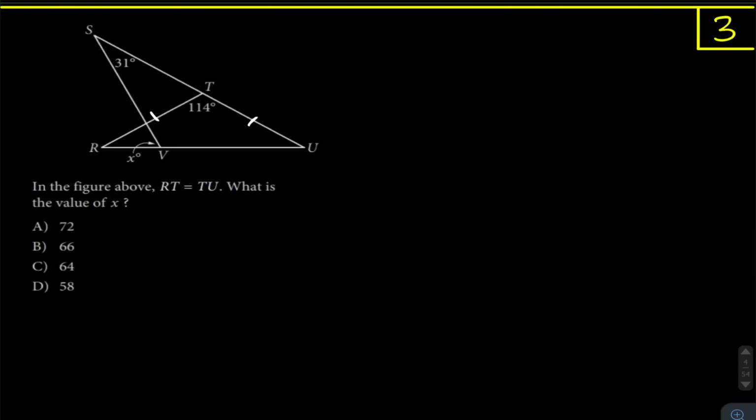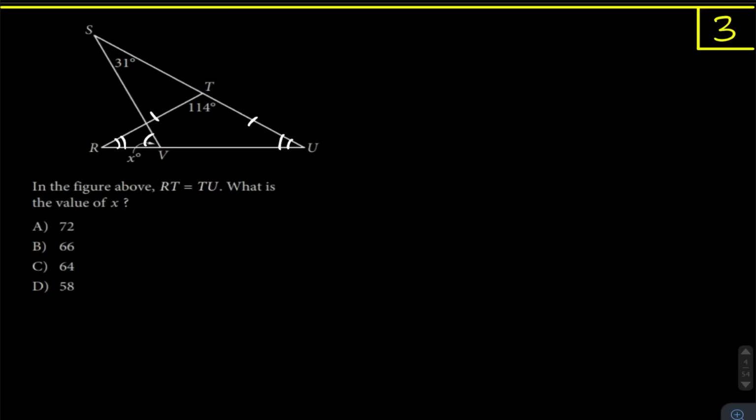So it's asking us for what the value of x is right here, and that would be this angle over here. And so how would we get to that angle, right? Well, let's see, what did this RT equals TU do for us? Well, since we have these two sides that are congruent here, they're the same length, that means that this triangle is going to be isosceles, right?